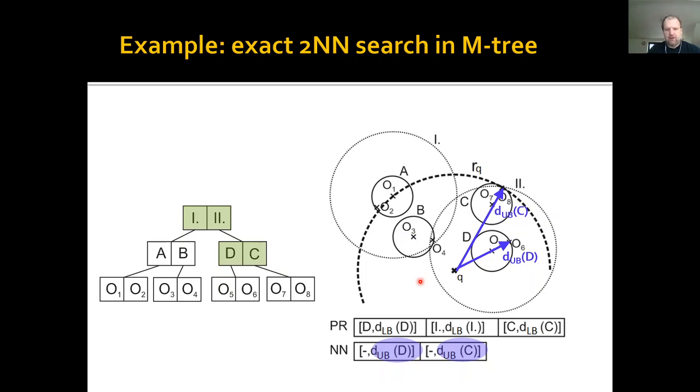But we keep processing the Q, so we will fetch another, it's D, and we already have objects on the leaf level, and it's 05 and 06.